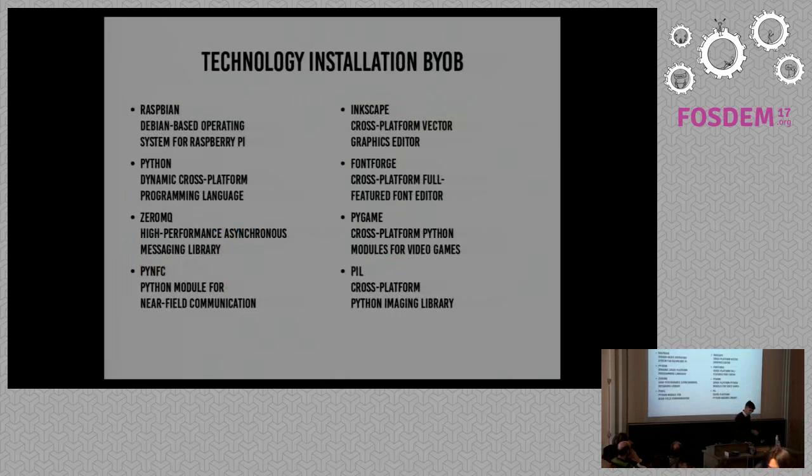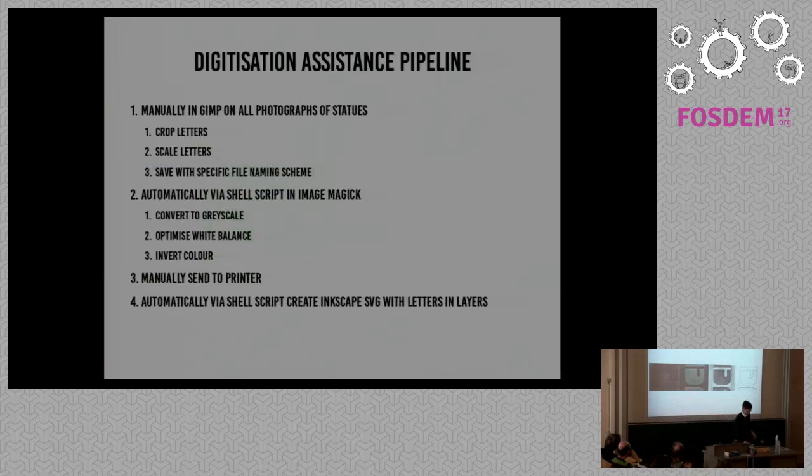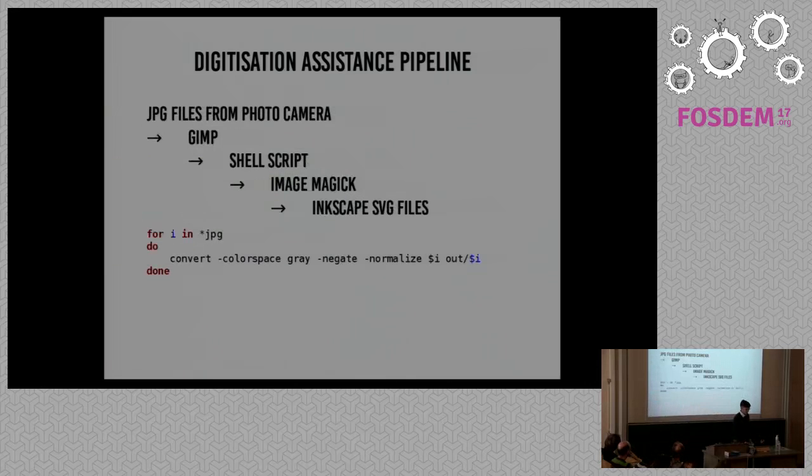Finally, after the crowdfunding, we started with the digitization process. Here you see a character, black on black, rough edges. We made a pipeline to make it black and white, with a little edge detection for the colors, and you can do that with this simple line of ImageMagick.